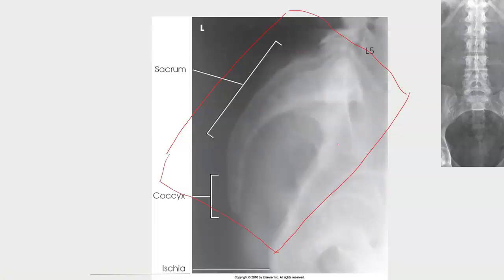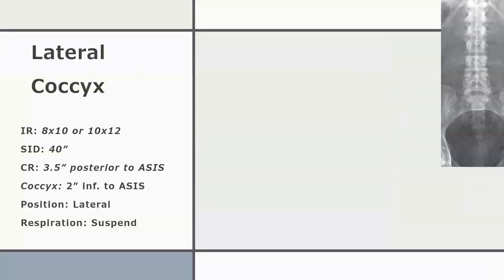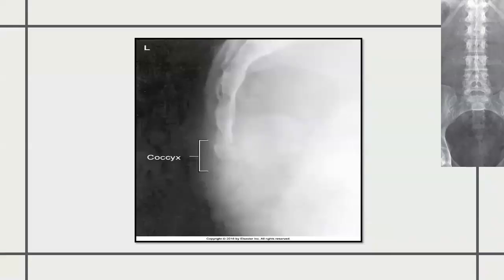And I like to place my marker on the anterior side, specifically because of the curvature that we have here. We get the most room on the anterior side there. There is a coccyx. Note how they did collimate off part of the sacrum, and they're only looking at the section of the coccyx.